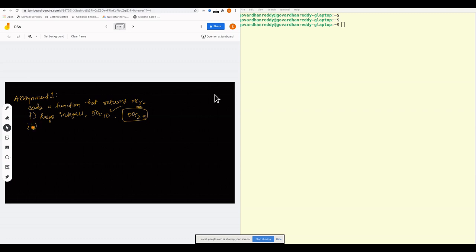Second, this should also work for negative numbers, so you need to handle negative numbers. And third, nCr also works for fractions, so floating point numbers, be it floats or doubles in C++.